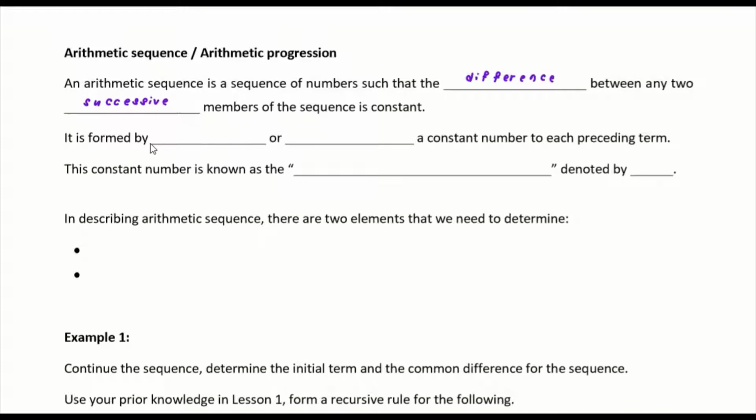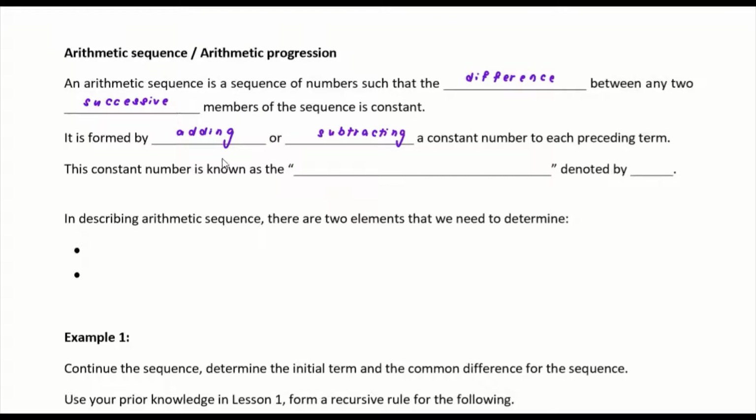An arithmetic sequence is formed by adding or subtracting. But normally we only say adding, because subtracting can be treated as adding a negative number. That's why in the general formula we use plus instead of minus.